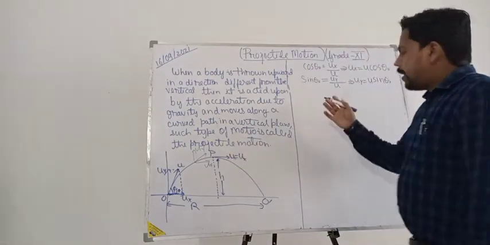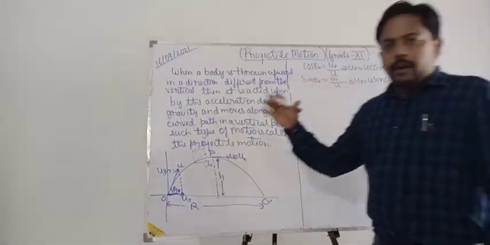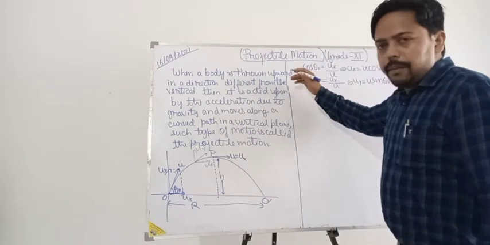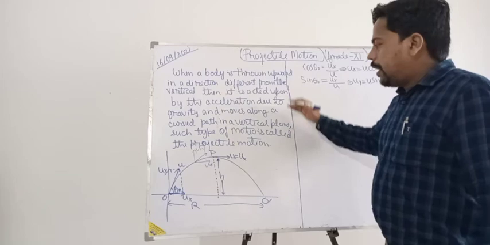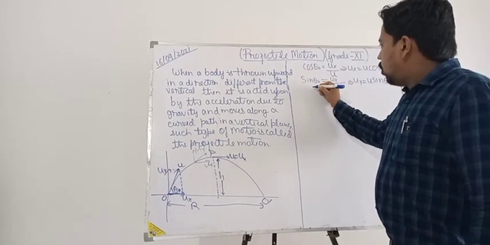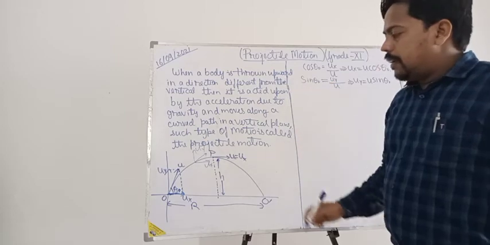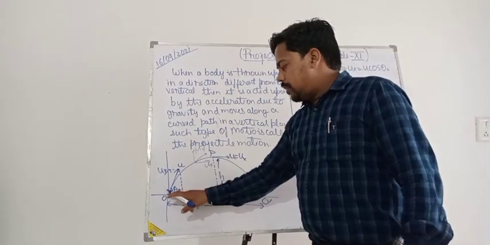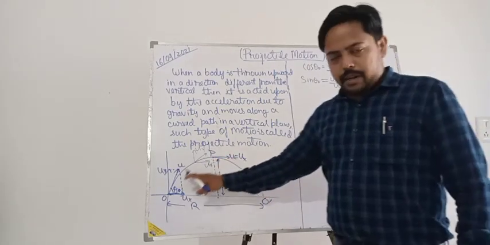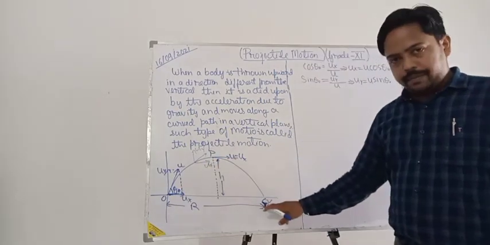So let's start from here, in a very basic way, from the very beginning. Our aim is to first calculate the nature of this path. What is the nature of this path?